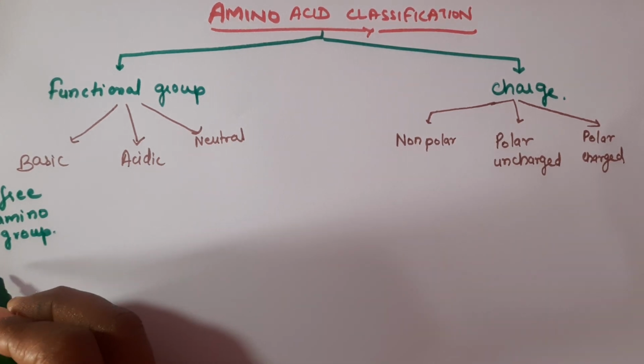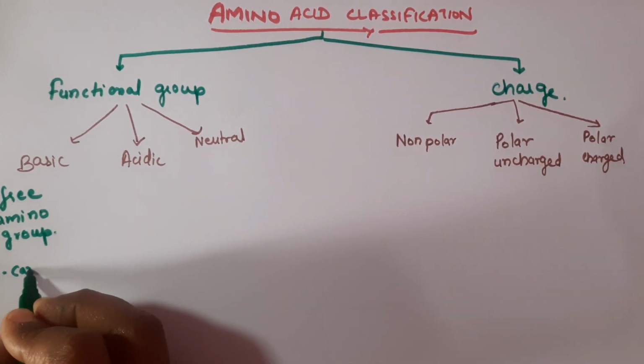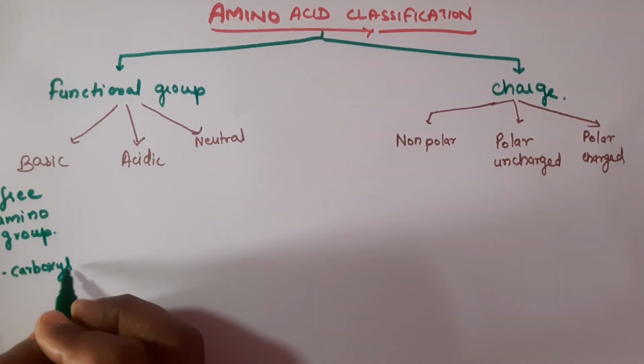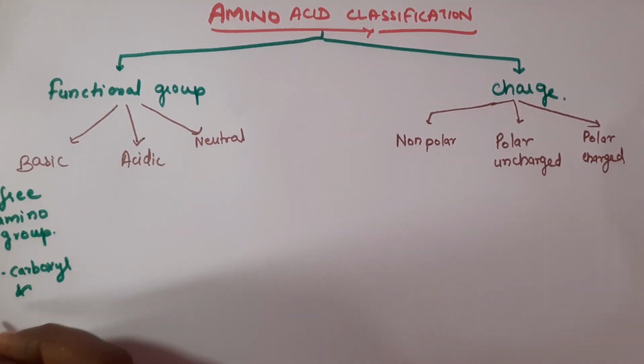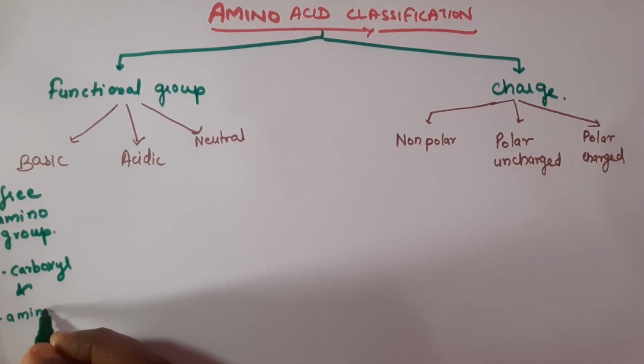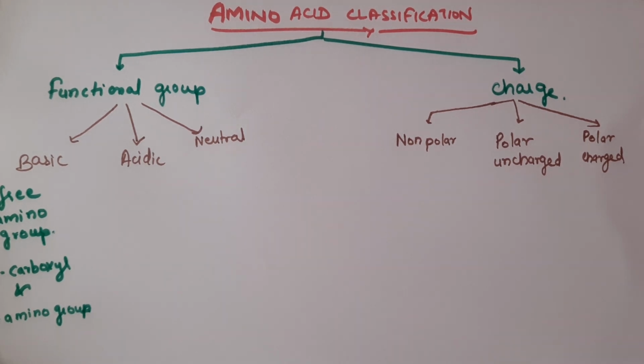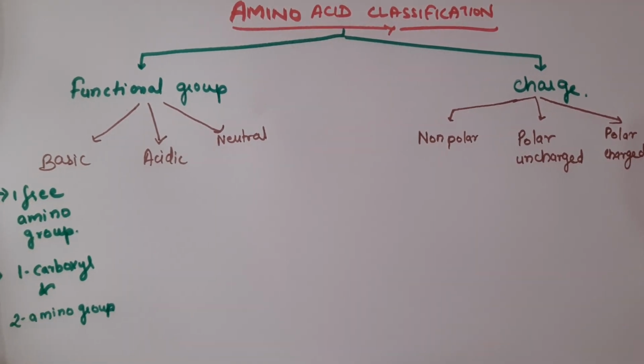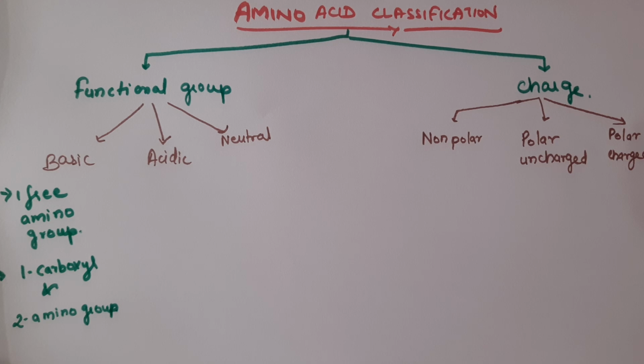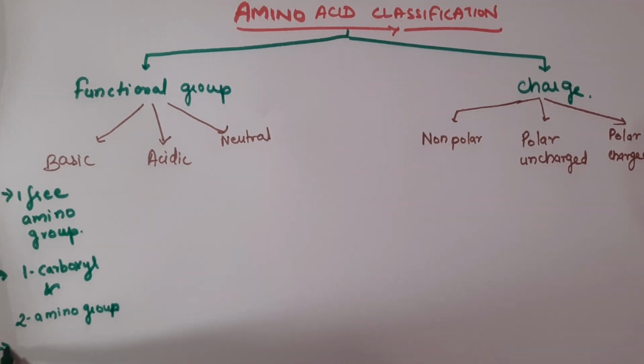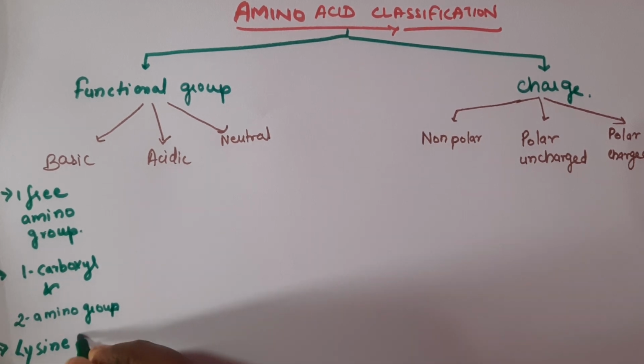So they have one carboxyl and two amino group. I think now it is more visible. And what are the example of the basic amino acid? Lysine and arginine. Okay.